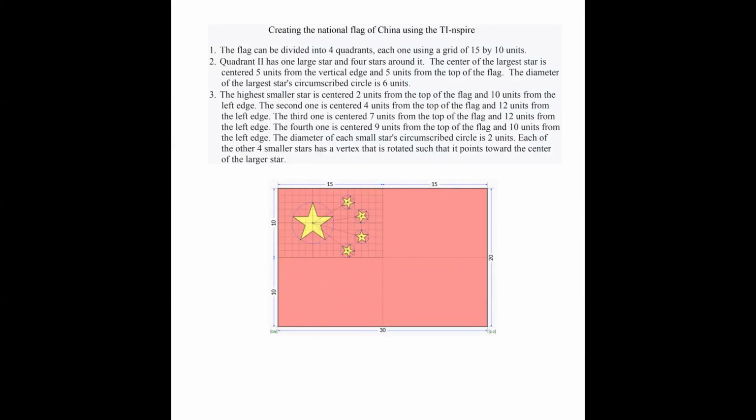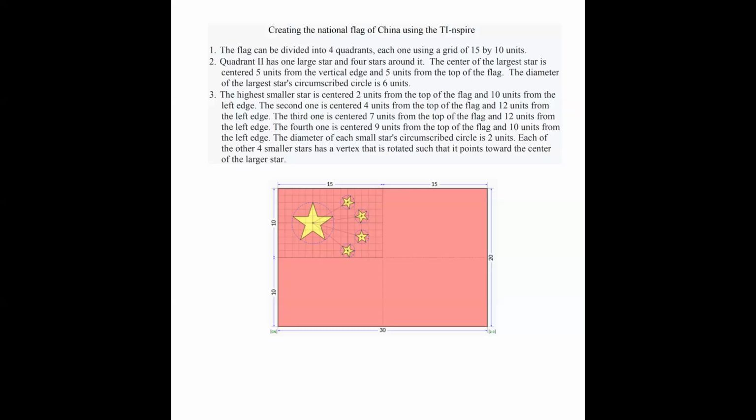The flag of China is very specifically defined, and you can break it up into 4 quadrants. Quadrants 1, 3, and 4 are just red, and all the action is in quadrant 2. In quadrant 2, we've got a large star whose center has to be in a very specific position in terms of how far it is from the top edge and the left edge, and also how large the radius, in this case 3, of the star is.